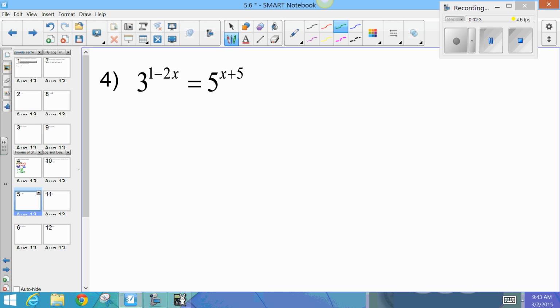Okay, same thing here. My bases are 3 and 5. I can't write them as the same base. I'm going to take the natural log of both sides.